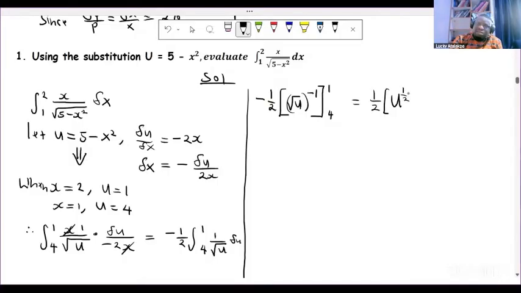Then you have half, then times minus 1. If you multiply by minus 1, you will now get u to the power of negative half. Are you following me? Or let's take that part again.